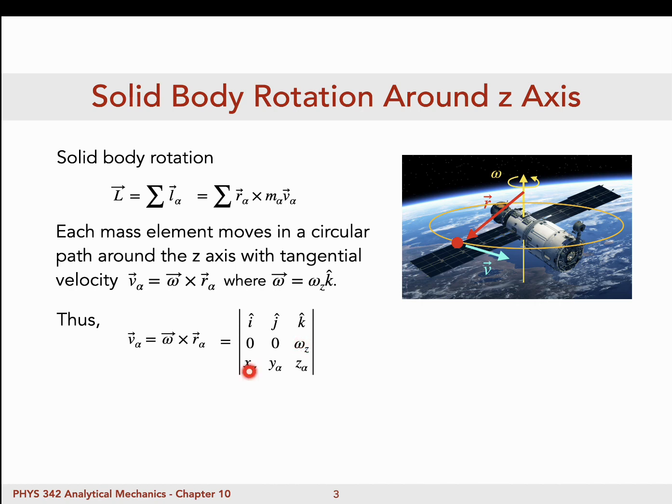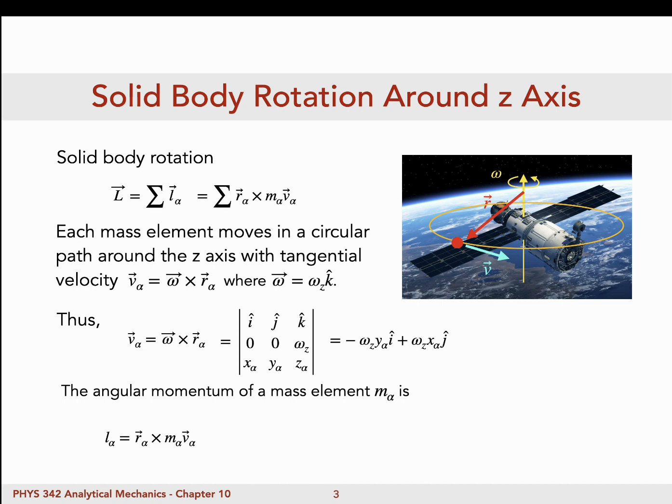And then we write the x, y, and z components of the position vector. When you evaluate the determinant, this is what you get. You get an x component and a y component, but no z component. Which makes sense because our velocity vector should be parallel to the xy plane. It should stay in this plane, so there isn't going to be a z component.